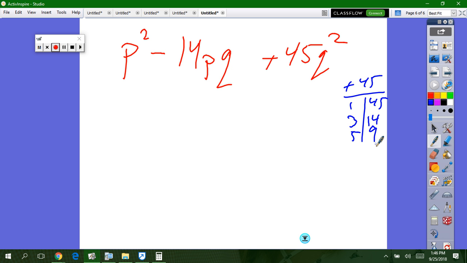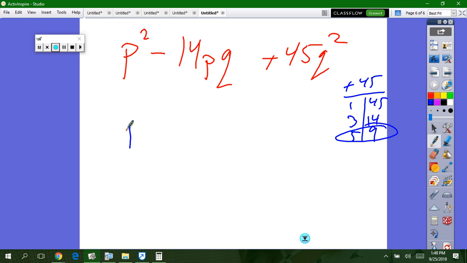All right, this time it's a positive 45, so am I going to add or subtract? Add, and they have to be the same sign. They're either going to be both positive or both negative. In this case, is it both positive or both negative? Both negative because he is a negative 14. Right? Okay. So I need 5 and 9. Agree?